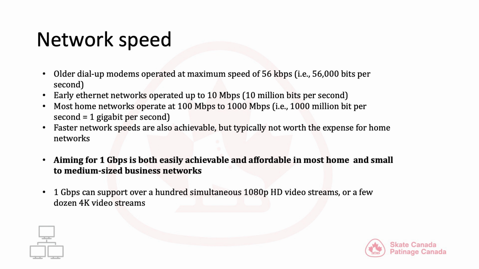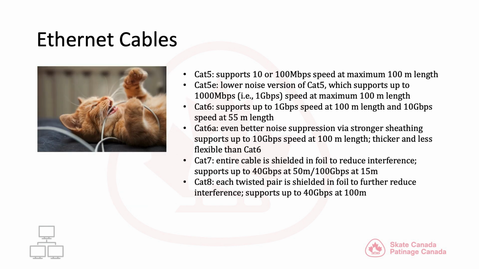With a gigabit network connection, you can support over 100 simultaneous 1080p HD video streams or dozens of 4K video streams. The typical maximum length that can be used in a single run of Ethernet cable is 100 meters, and cables are therefore rated by the maximum network speed they can support over that 100-meter run.